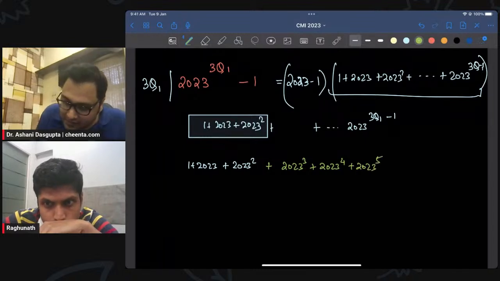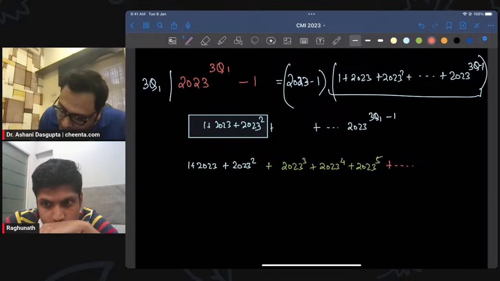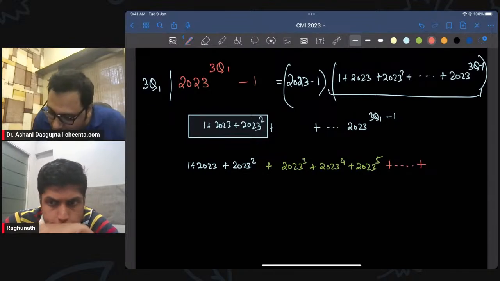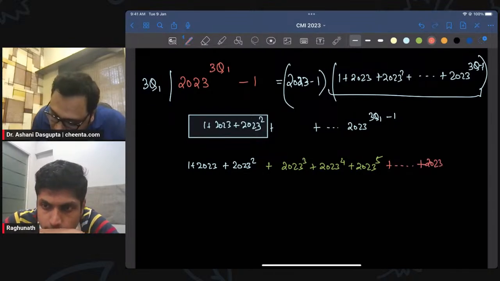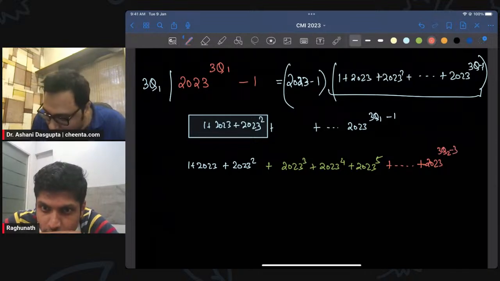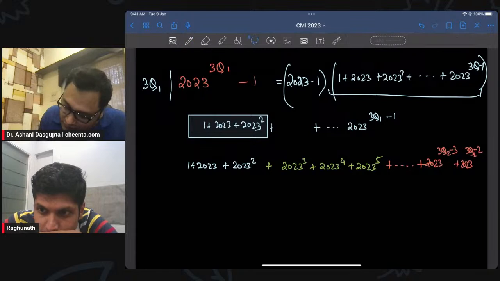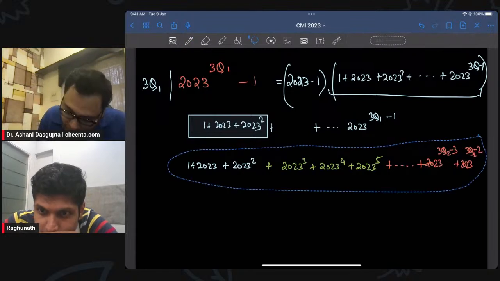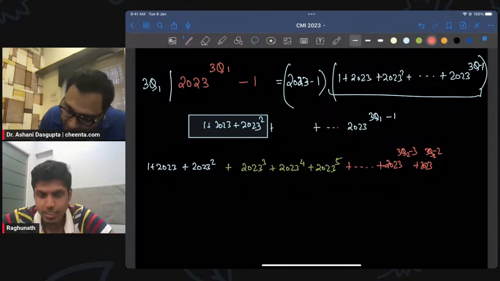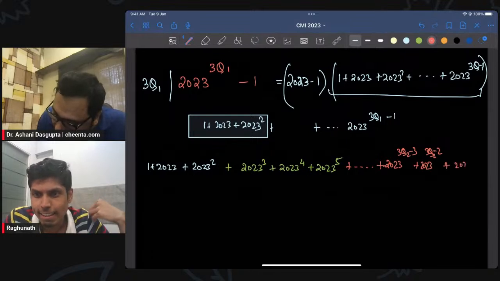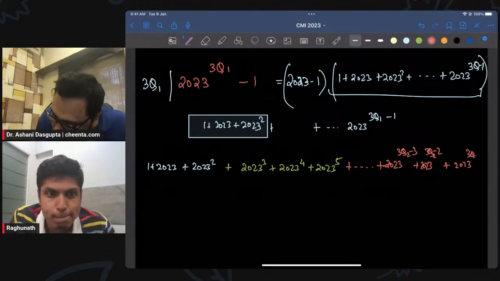Okay, like this I will go on, and the last one would be 2023 raised to the power 3q1 minus 3, 2023 raised to the power 3q1 minus 2, and 2023 raised to the power 3q1 minus 1.